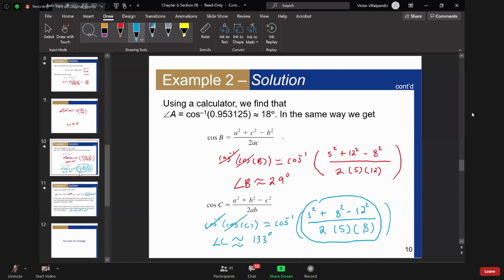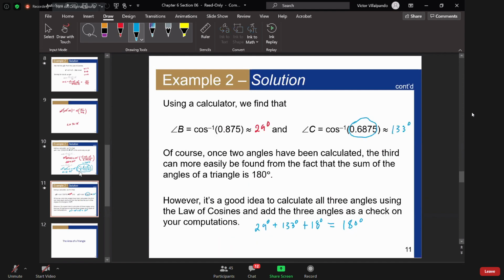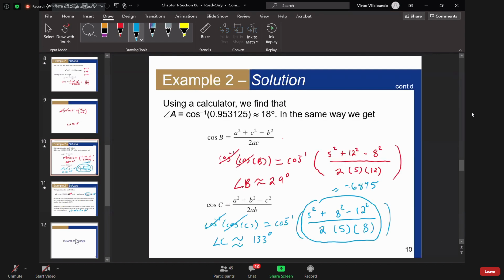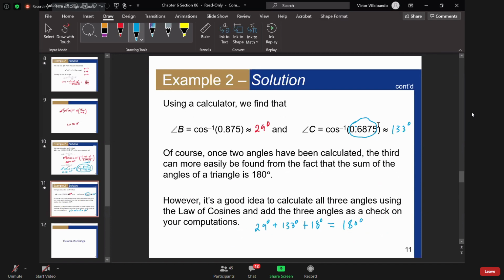Because if you actually get what all that equals, I believe it's negative 0.6875. But cosine is an even function. Since you're doing cosine of a negative number, this doesn't matter. There should technically be a negative in front of here, but cosine is an even function, so you can disregard that. That's what we saw in chapter 5. So maybe I should have just deleted that.